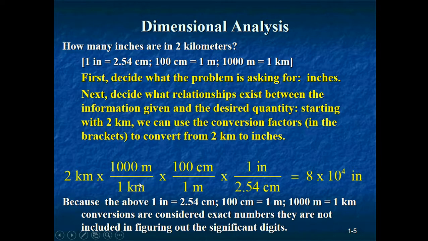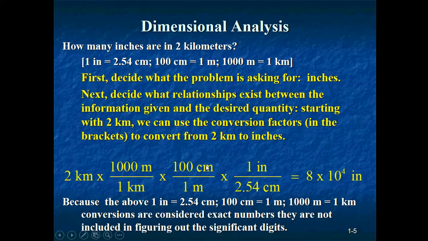Right there, this kilometer cancels out with that. Now I have this meter here. That's my label, so I'm going to use my conversion 100 centimeters over 1 meter. Why? So that this meter cancels out with the meter on the bottom. Then you have the label centimeters left.